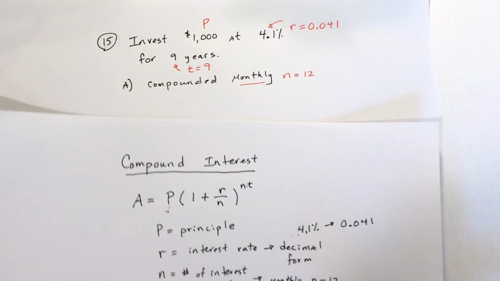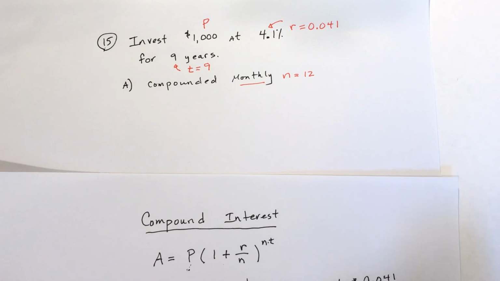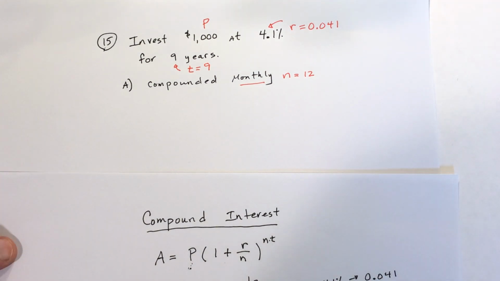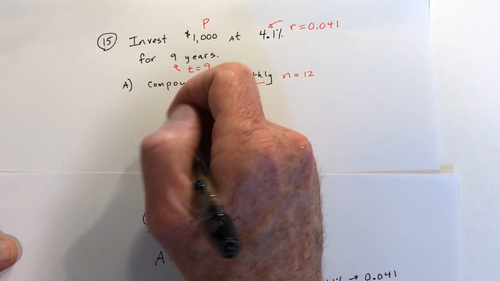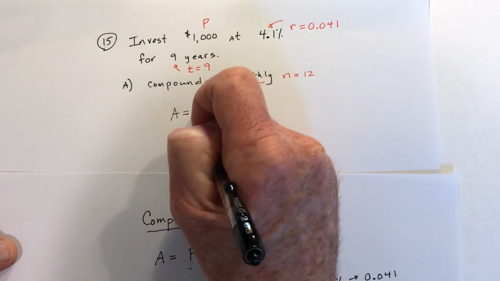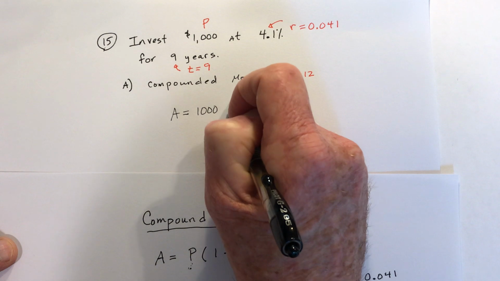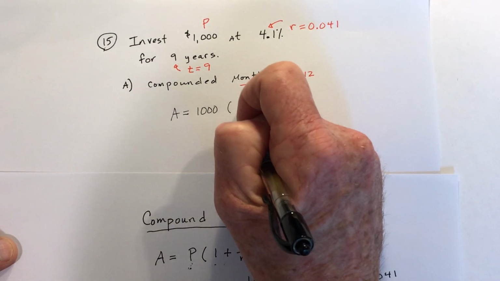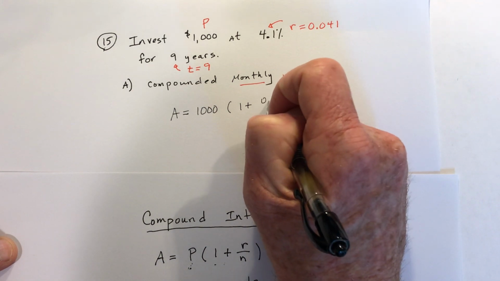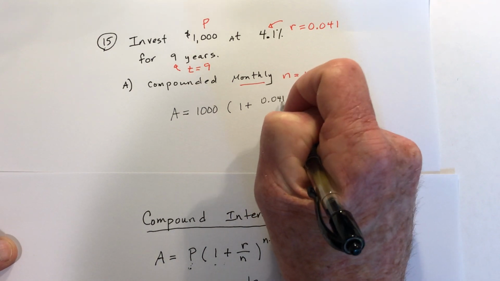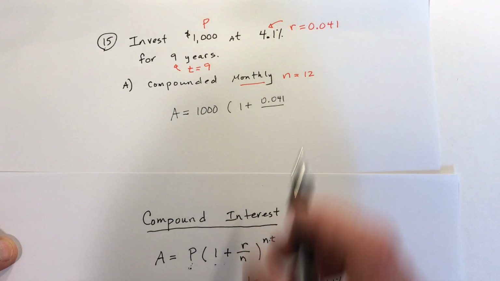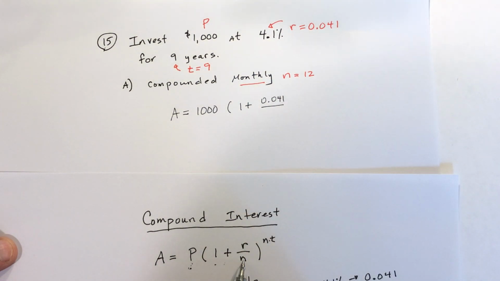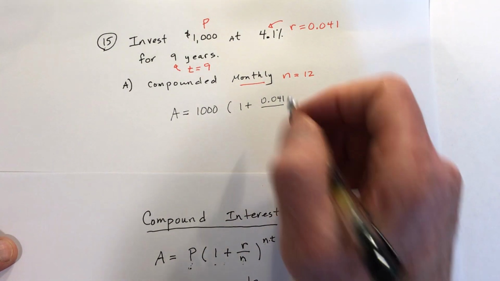So just use this compound interest formula and plug in all the numbers. So it's going to be the amount equals, start with the principal, 1,000, and then it goes 1 plus the rate, which is 0.041, divided by the N, so the N goes here and also here.